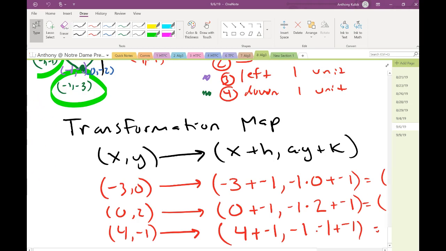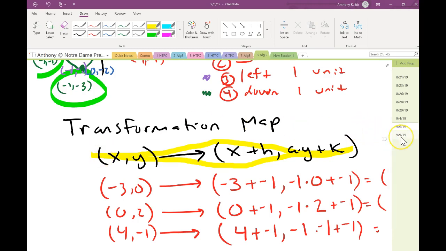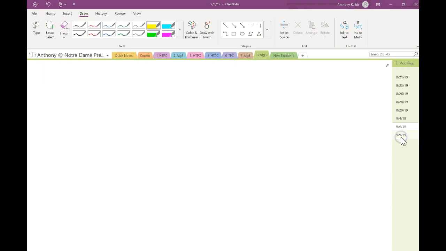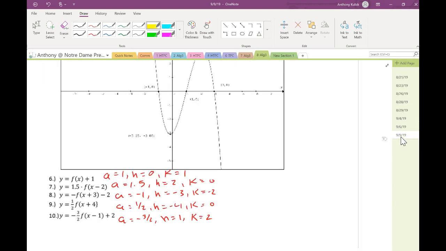So I'm going to be using this to do these problems 6 through 10. Okay? So should you have that memorized? Yeah.